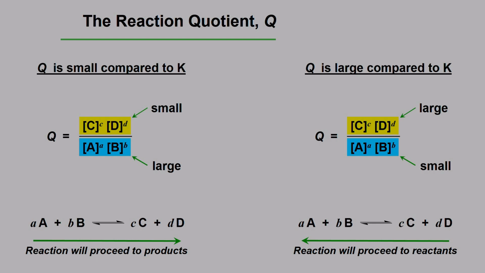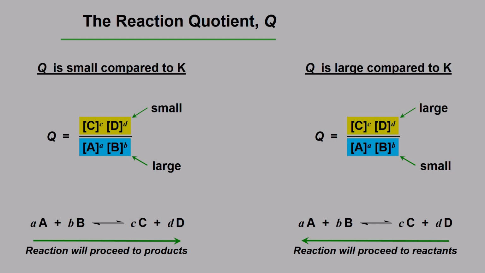However, if Q is small when we compare it to K, the only way that Q is small compared to K is that top number, the concentrations of the products, is small and the concentration of the reactants is large. That means that the reaction hasn't proceeded to the right enough, so we need to produce more products.